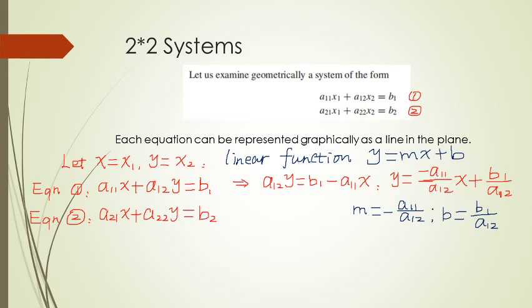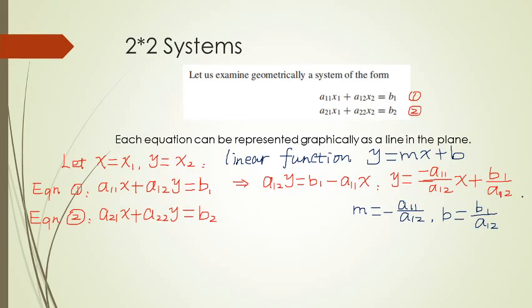So that means between x1 and x2, here x means x1, y means x2, it's a straight line. Everyone is clear? So if we express in this way, this part is the slope, mx plus b.